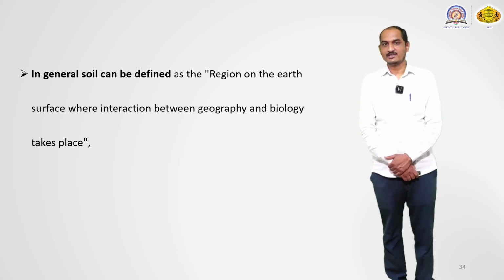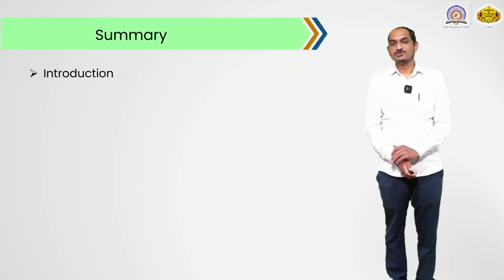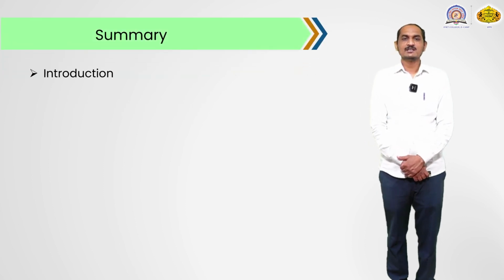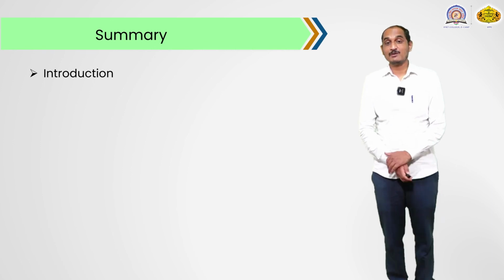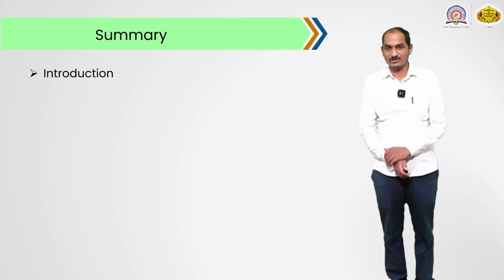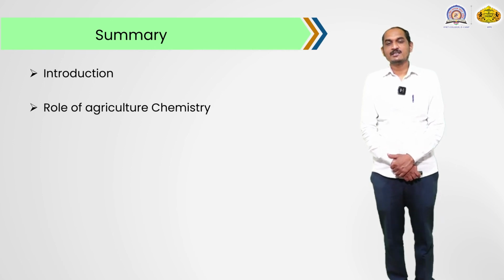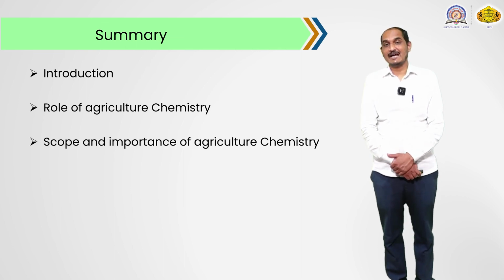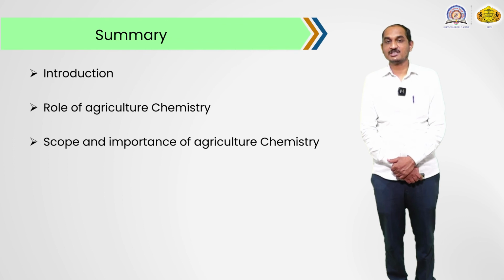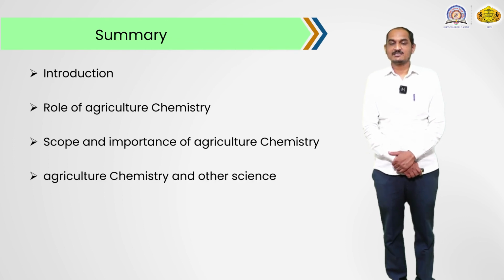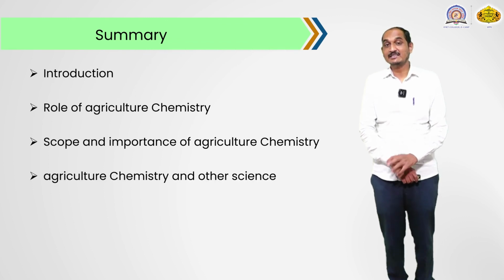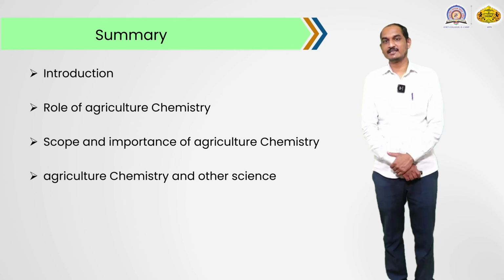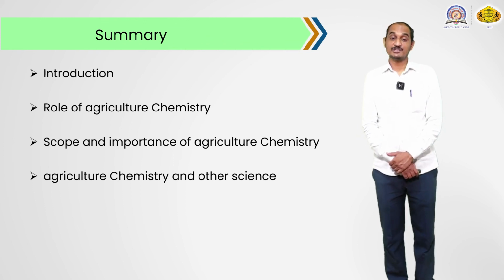So dear student, this is all about today's session. In today's session, we discussed some introductory parts about soil chemistry and agrochemistry. We also discussed the role of agricultural chemistry, the scope and importance of agricultural chemistry, and how agricultural chemistry and other sciences are interlinked and dependent on each other.